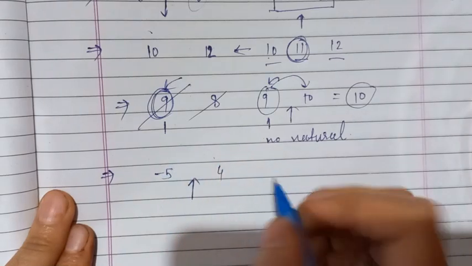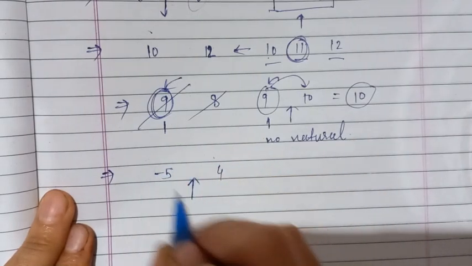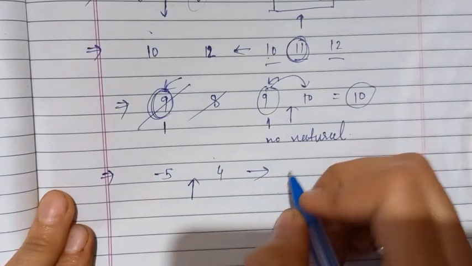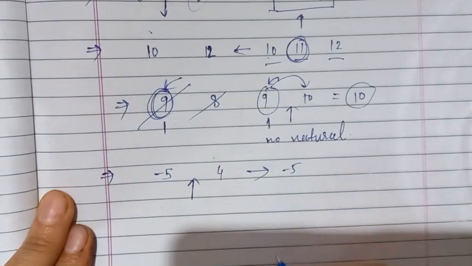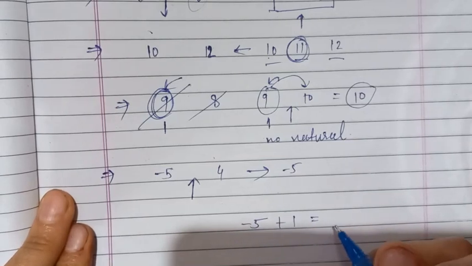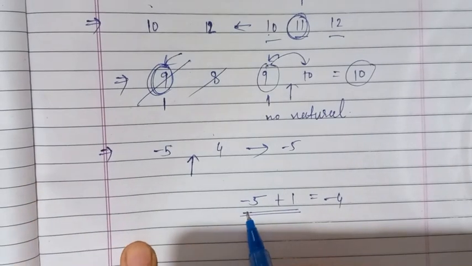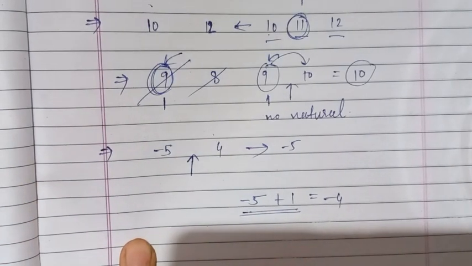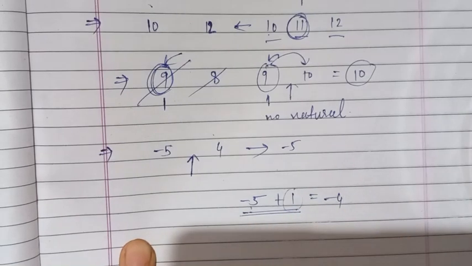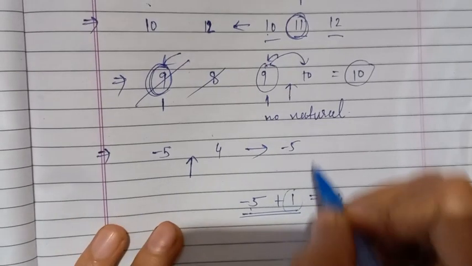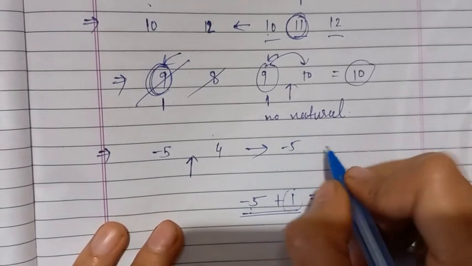So add 1 to -5 to get the number next to -5. We get -4, because in this addition we have one negative and one positive, so we subtract the smaller digit from the bigger, and the answer is negative.